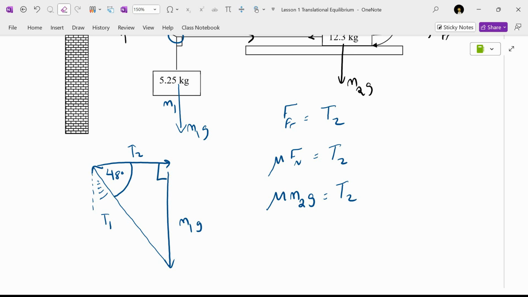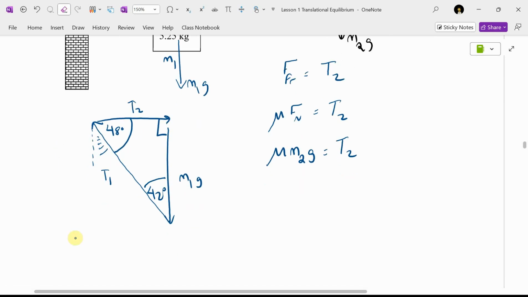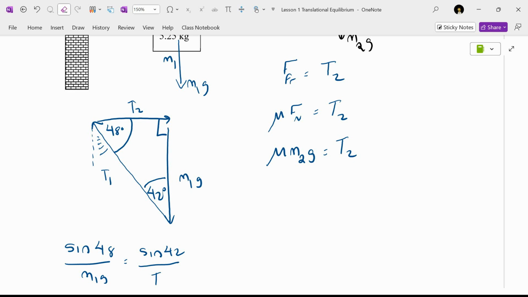Got to be 90. So now I've got this angle here, 42 degrees. I'm good to go with the sine law. It looks like the sine of 48 over m1g equals the sine of 42 over tension 2.